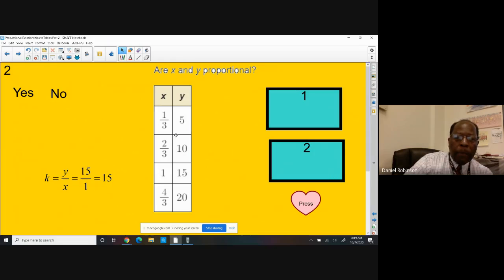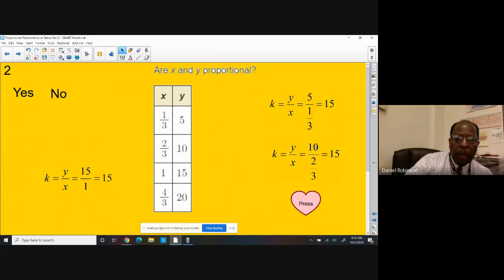Now all I have to do is check these other ones to see if their y value over the x value is also equal to 15. The first one is 5 over 1/3. I type 5 over 1/3 in my calculator, and that is equal to 15. That checks out. Let me check the second one: 10 over 2/3. That also checks out to be 15.